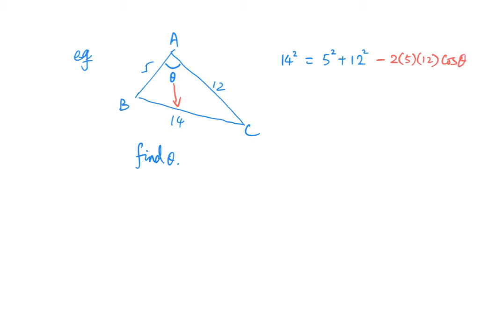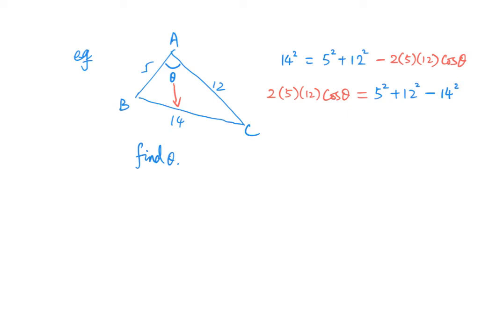Okay, for this part, the red part, you can move it to the left. So you will have positive 2 times 5 times 12 times cosine theta. And the blue part, 5 squared, keep it on the right hand side, plus 12 squared, keep it on the right hand side, and move 14 squared to the right, so subtract 14 squared.